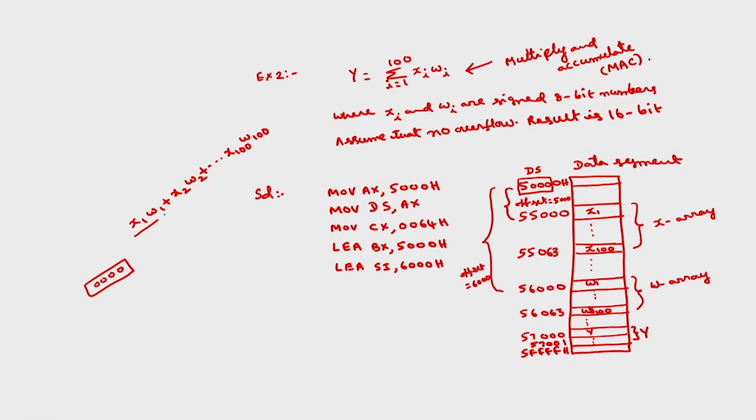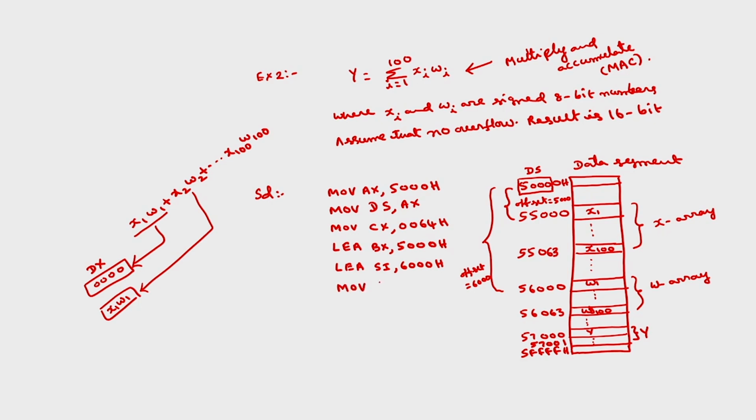You multiply x1 w1, you add to this register, and this value will be stored here. After the first iteration, x1 w1 will be stored. Then you multiply x2 w2, you add to this one, so that the sum of these two will be stored again in this register. I am taking this as the register DX. Then again you perform x3 w3 and you add to the contents of DX. That is why I am initializing the DX register with 0000.